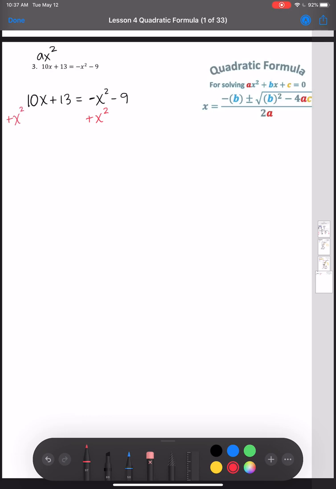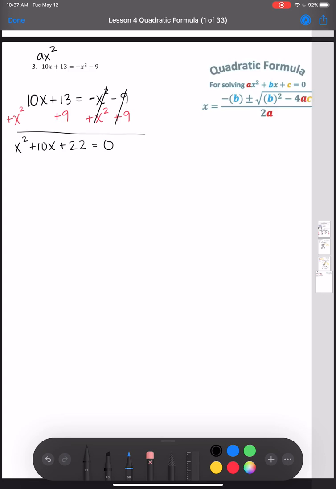It doesn't have a like term here, so we keep it by itself. And then plus 9, we're going to line up with its like term, that's 13. This will cancel out, and we just simplify and bring everything down. So we have x squared plus 10x plus 22 is equal to 0.